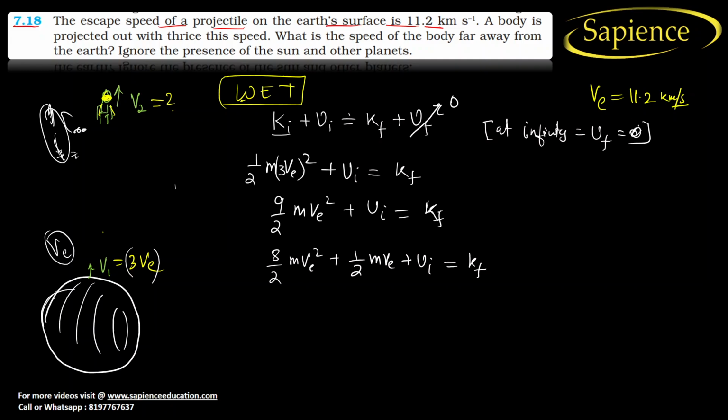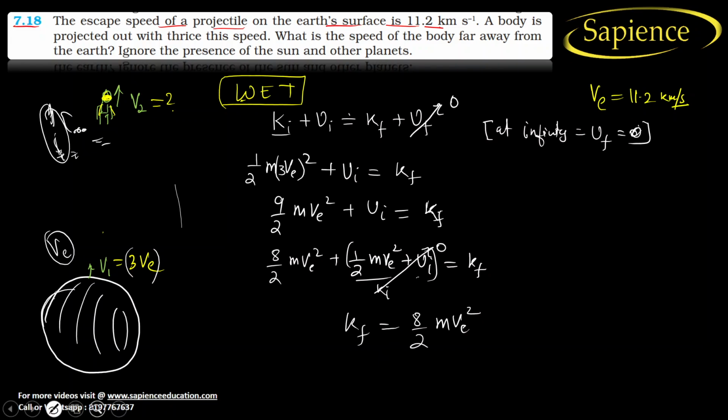So half m ve square is the initial kinetic energy, plus Ui, and this will be 0. So the final kinetic energy, Kf, is equal to 8 by 2 mass into escape velocity whole square. Now we have the final kinetic energy.